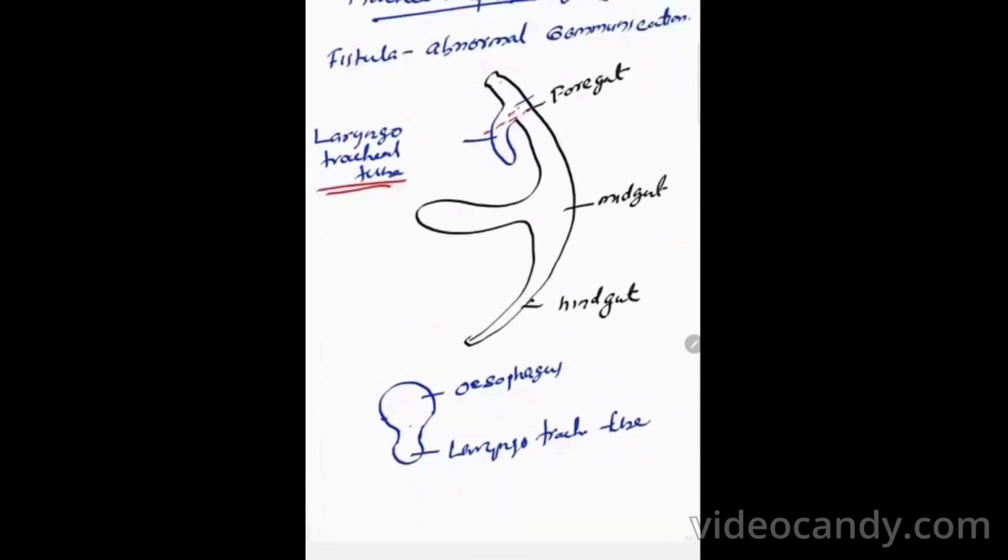Later on, what happens next? Here again we have the developing esophagus, and anteriorly the laryngotracheal tube. There arise two structures like this, known as the tracheoesophageal septum.